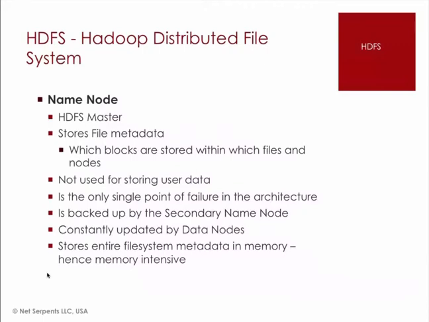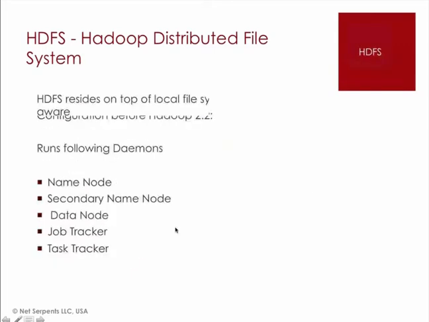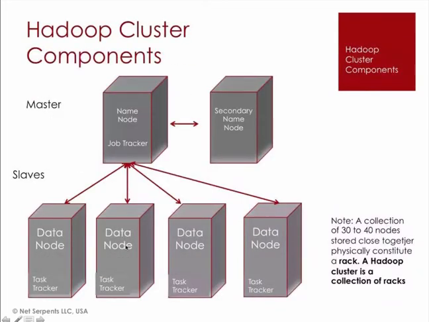So that's what's mentioned over here for the name node. It stores the entire file system metadata in memory. So it's very memory intensive. Now, one other way to actually protect it is by using regular operating system things like mirroring. You could have some extra software deployed, so that whatever is happening on the job tracker, this name node, can automatically get replicated to another standby server.